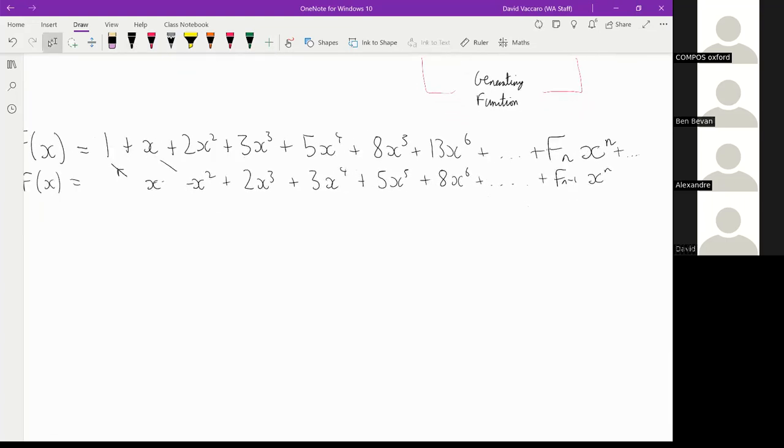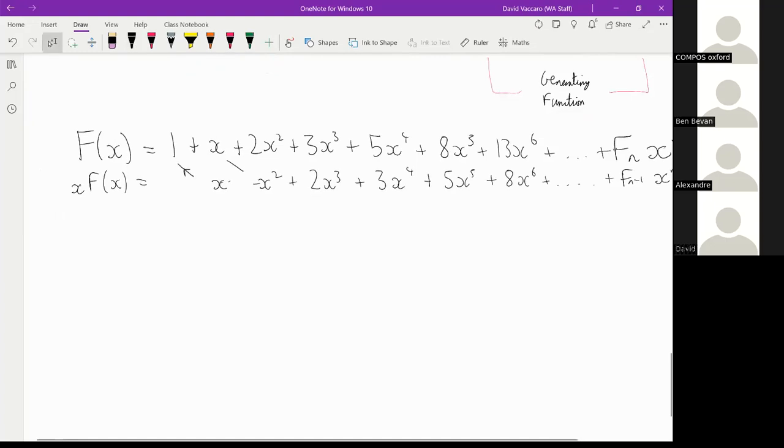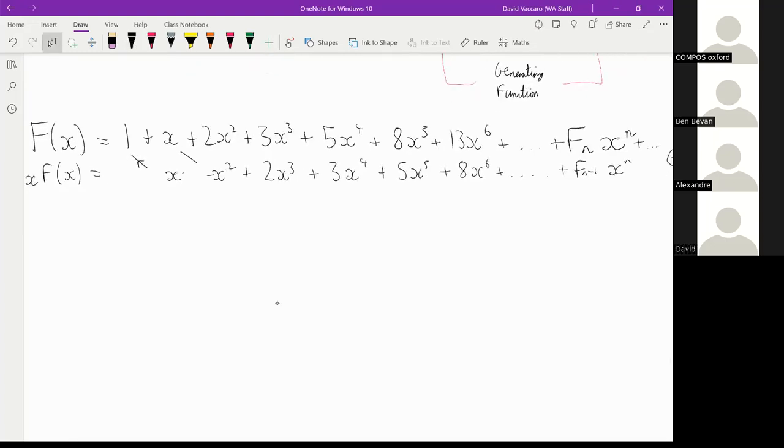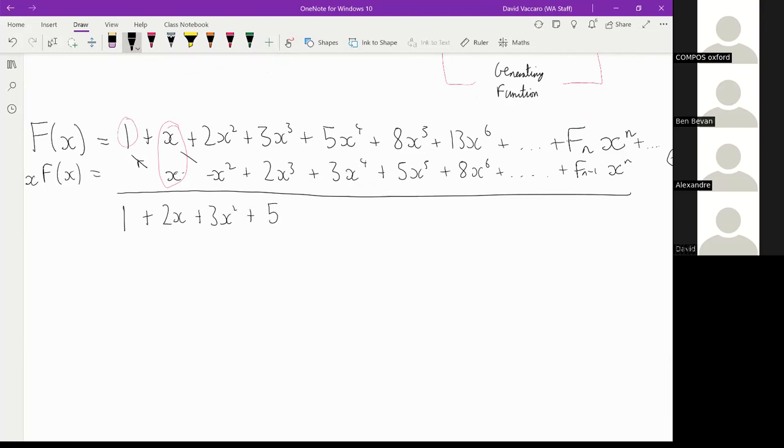But now what I notice is that if I were to add these two functions together, in the units coefficient, I just get 1. In the x coefficient, I get x plus x, which is 2x. I then get 3x squared plus 5x cubed plus 8x^4.